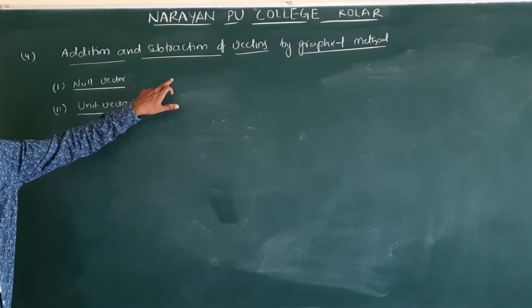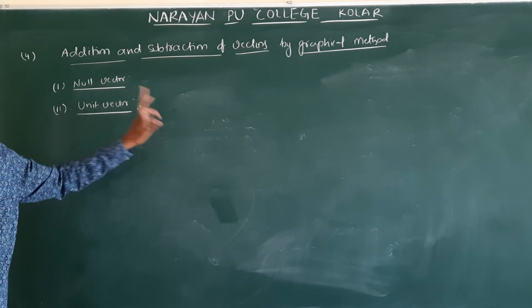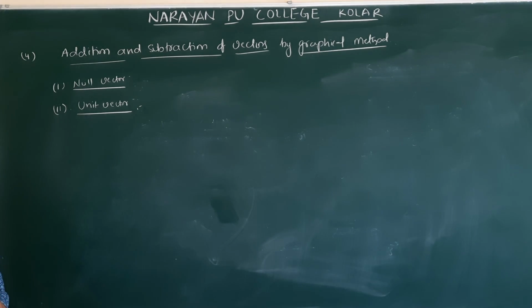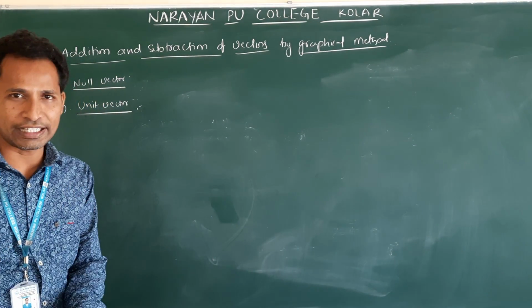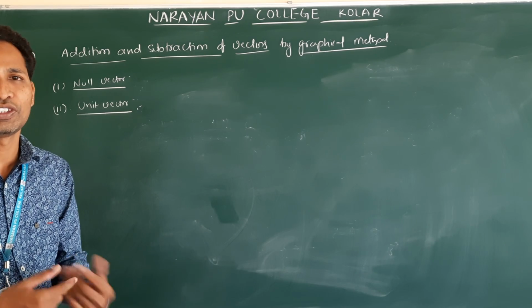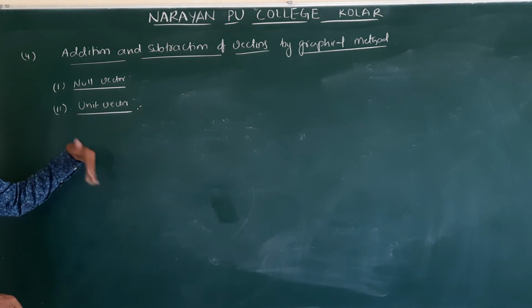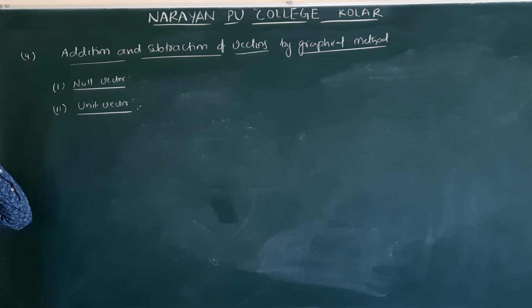Null has 0 magnitude and no direction. Here the magnitude is 1 and it has a direction. We define a unit vector as a vector whose magnitude is 1 and which specifies the direction. Clear? In the coming discussion we will see the use of null vectors and unit vectors.